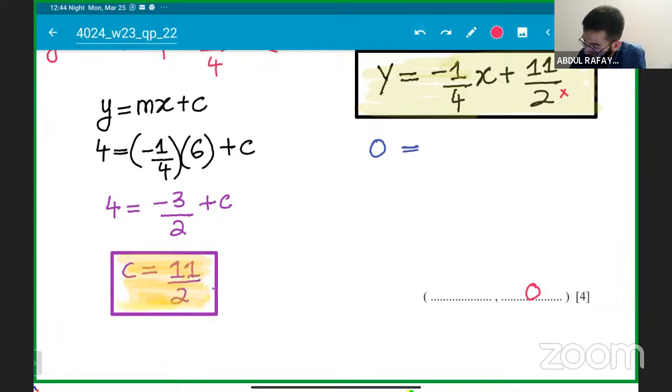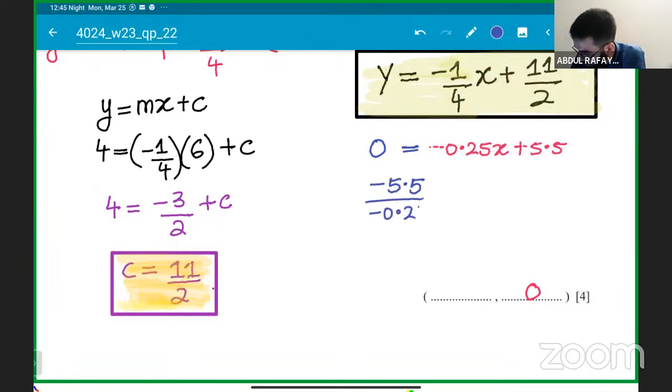Take out the LCM, or you can just do it in decimals, that is -0.25x + 5.5 = 0. So 5.5 goes to the other side, so x = -5.5 divided by -0.25, which gives 22, okay.